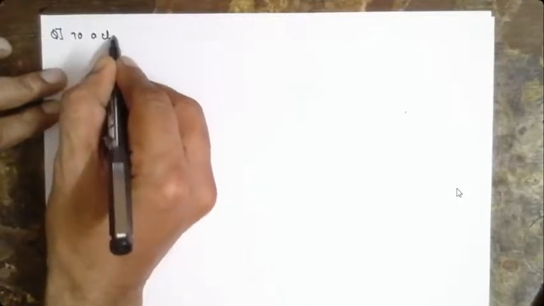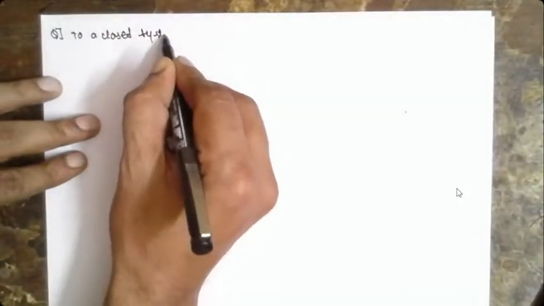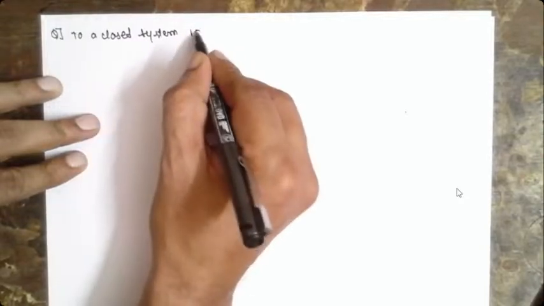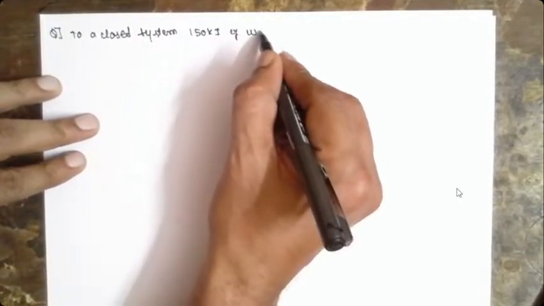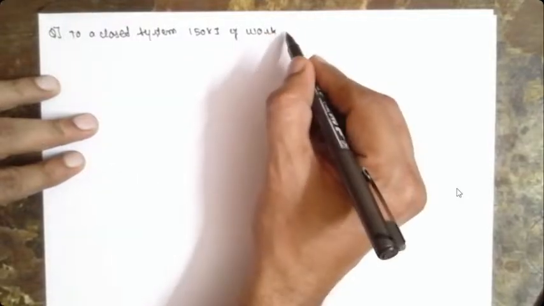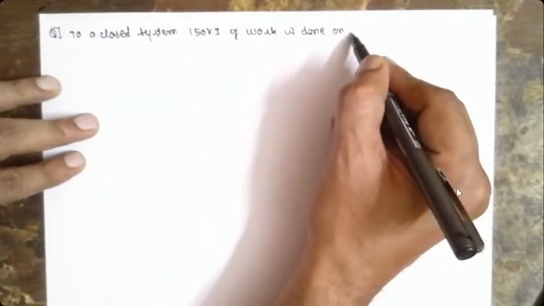To a closed system, 150 kilojoule of work is done on it.